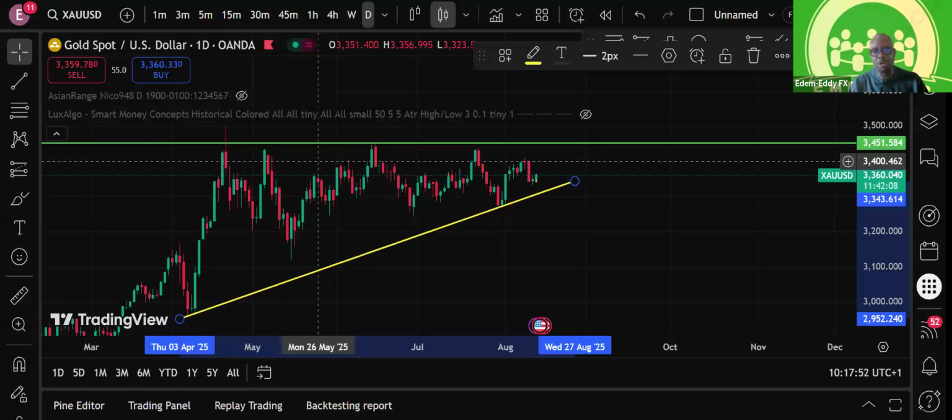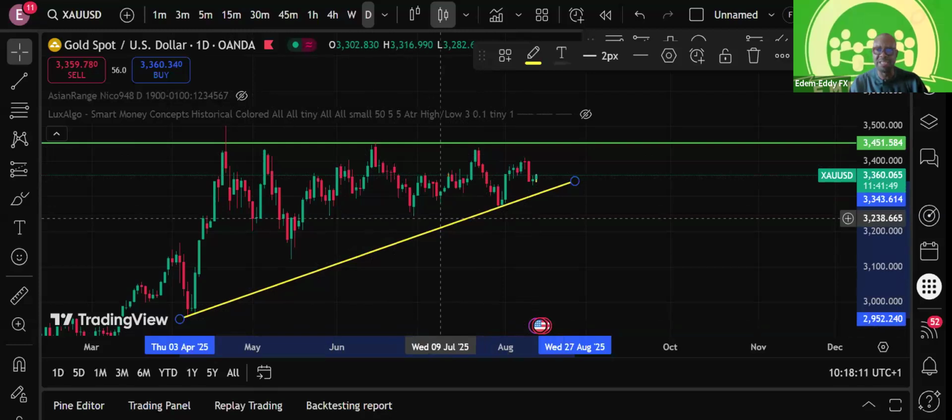But looking all through, I just hope you can see that from April to this present day, the market has not been able to break this point, which is 3451.5.